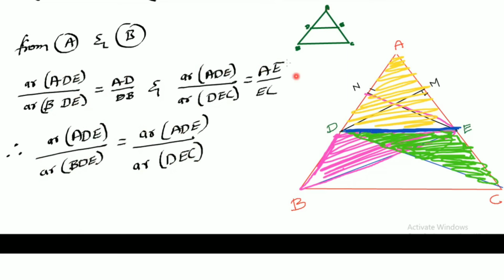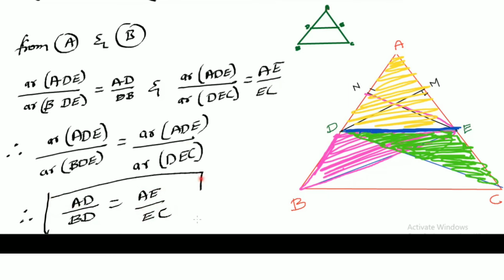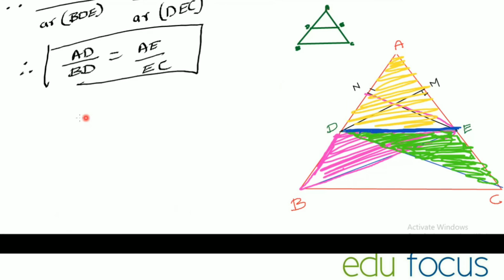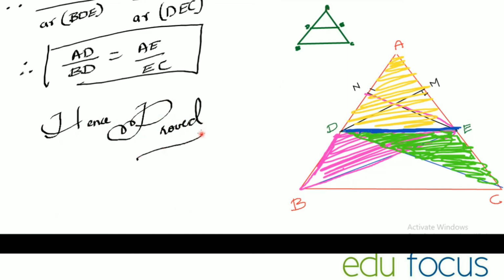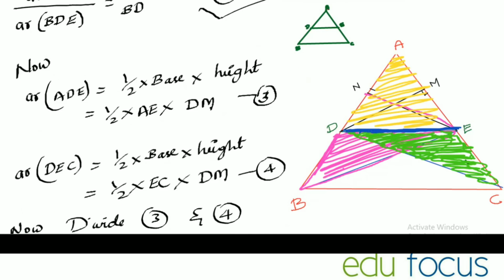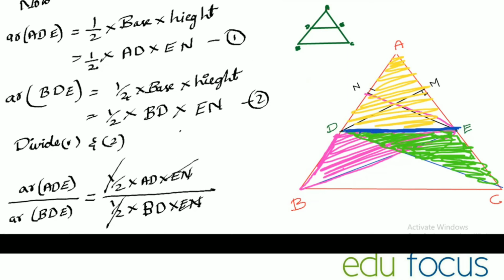Then this is equal to this. Therefore, AD by BD is equal to AE by EC. Hence, proved. I hope you understood this. Thank you.